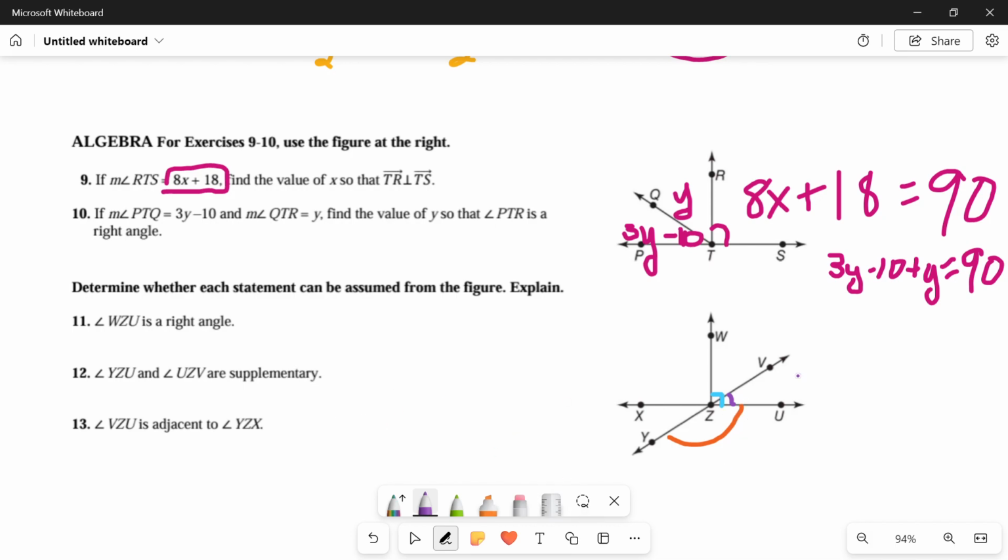The answer is yes, because they are a linear pair. They are adjacent to each other, they have a shared side, and their non-adjacent sides, ZY and ZV, form a straight line. Next, it says angle VZU is adjacent to YZX, and the answer is no on that. They have no shared sides, so they are not adjacent.